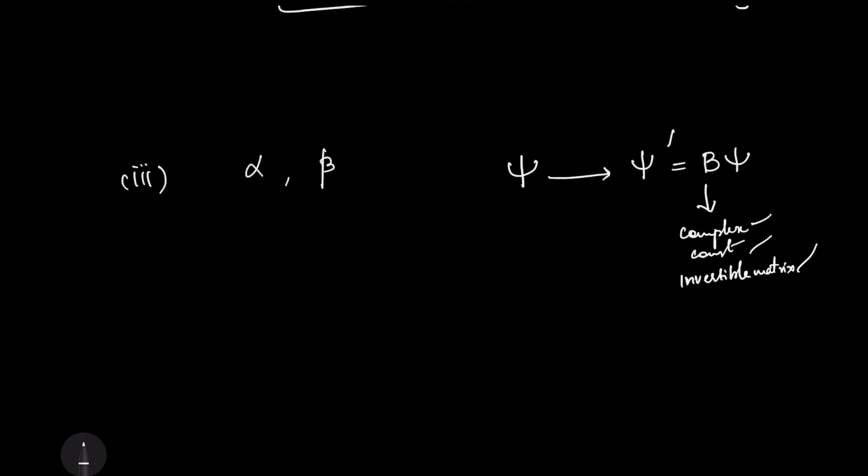So you are doing a basis change from psi to psi prime such that psi prime is equal to b psi.